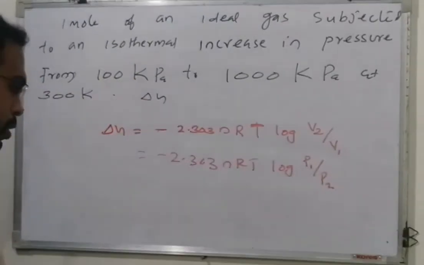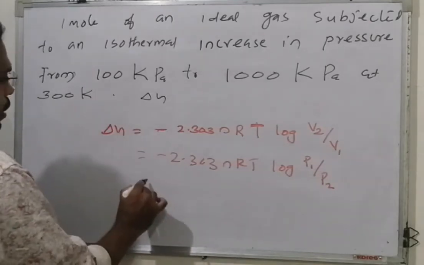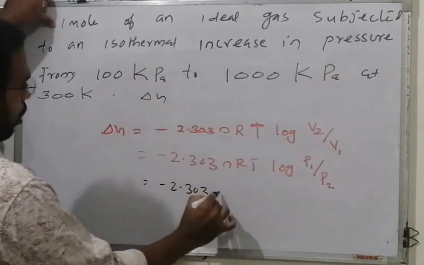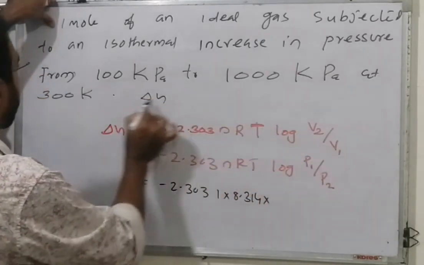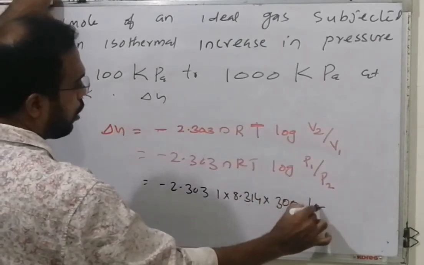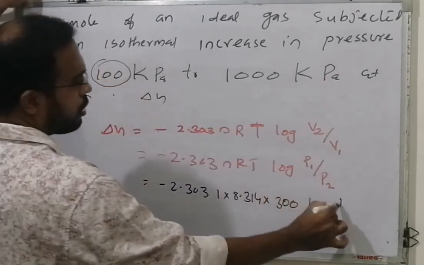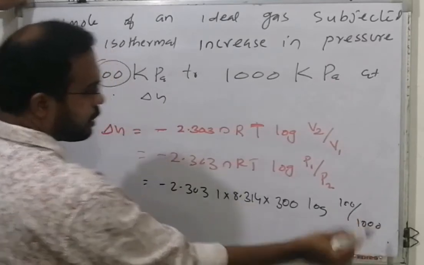Don't worry about it. Okay, minus 2.303, 1 mole, that is 1 into 8.314 into T, 300, log, what is P1? 100, P2, 1000. Just reverse.